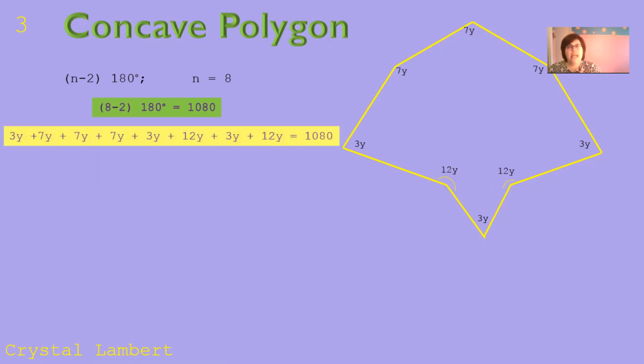Then we have to take and get the sum of our angles. We're going to add each individual angle, and this is where I'm going with this. So here we see 3y, 7y. So what this is telling us, whatever y is, it's going to be 3 times our variable y, 7 times our variable y.